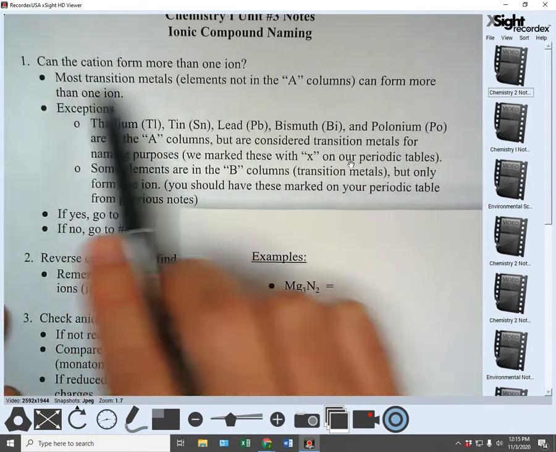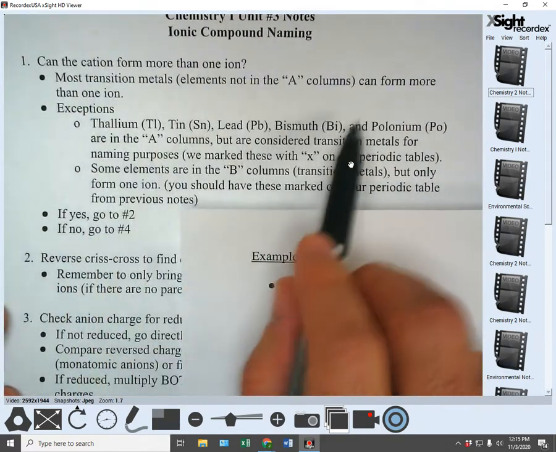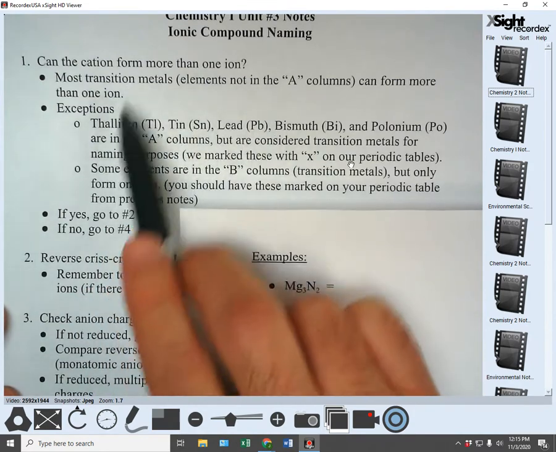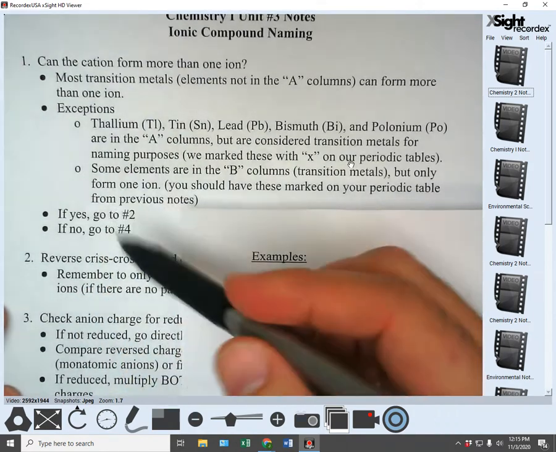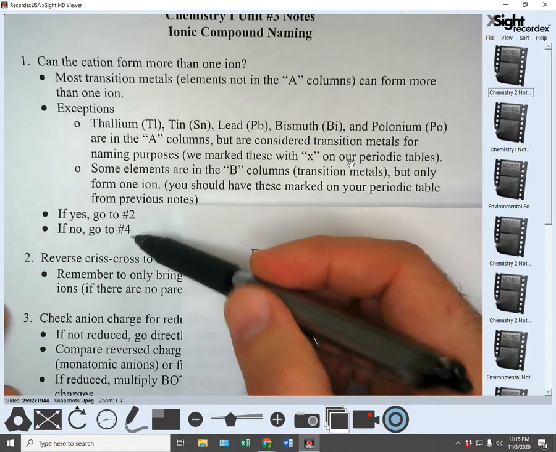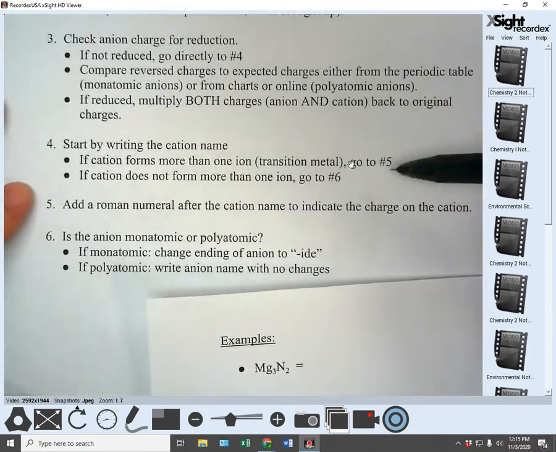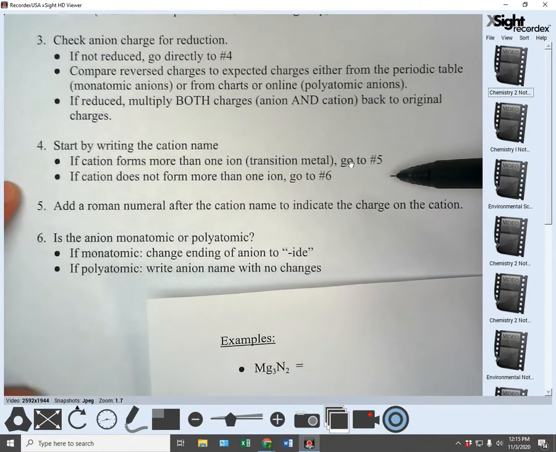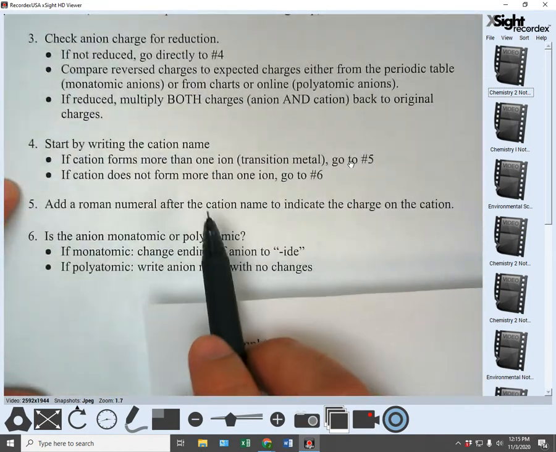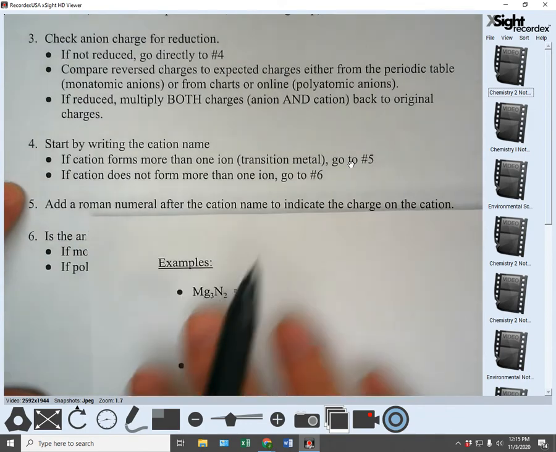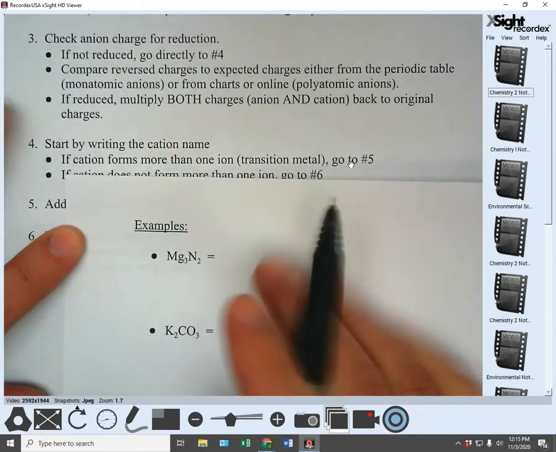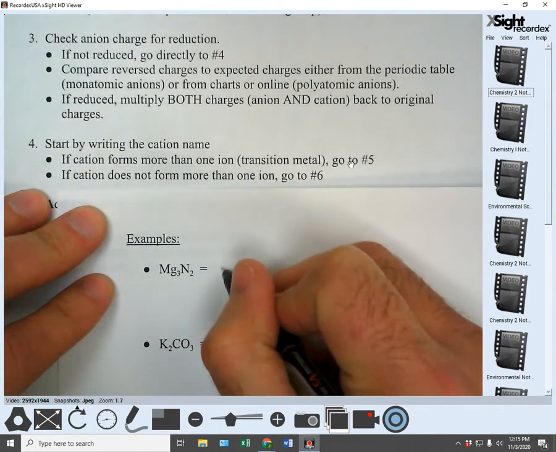This here talks through some of the stuff we've already covered, how to figure out if it can form more than one. The answer is no, it does not, so we go to number 4: start by writing the cation name. The cation, Mg, is magnesium, so we write magnesium.